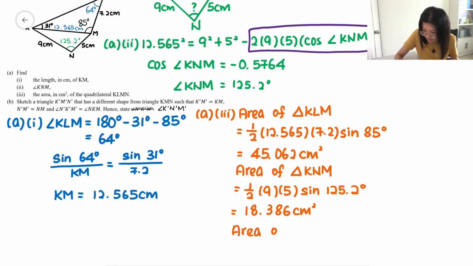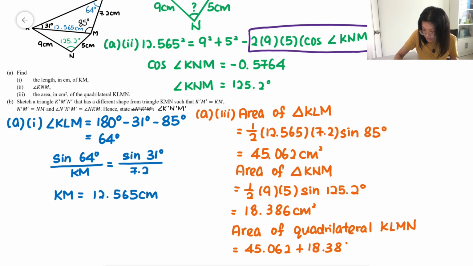Okay, now area of quadrilateral KLMN. Area of KLMN will be equals to, we plus up these two, 45.062 plus 18.386.